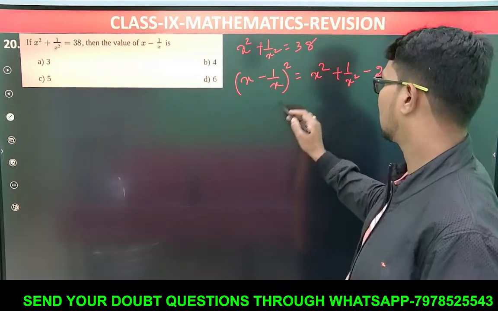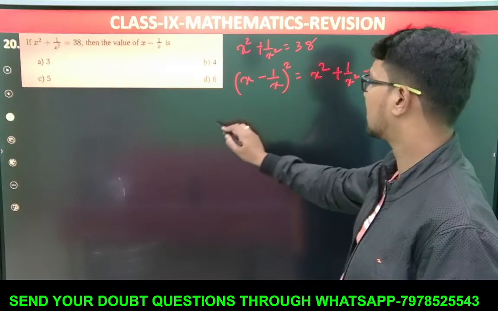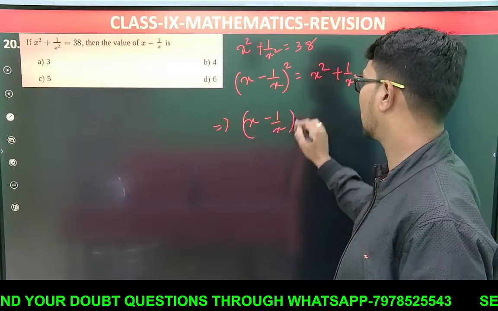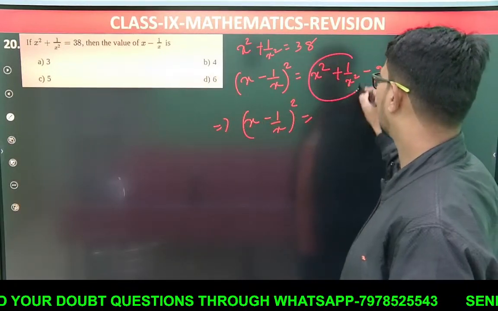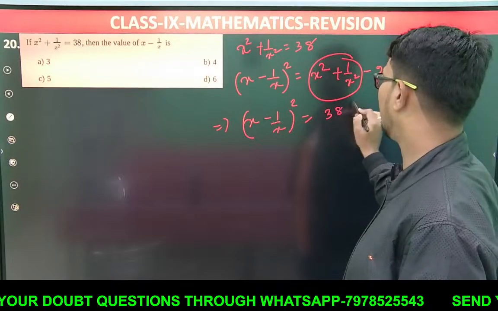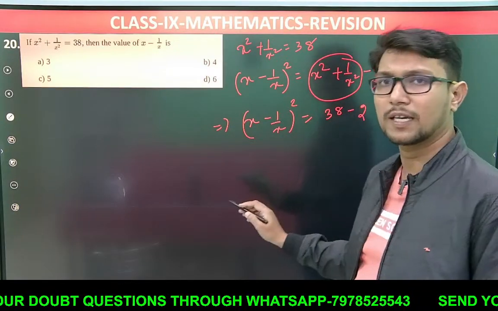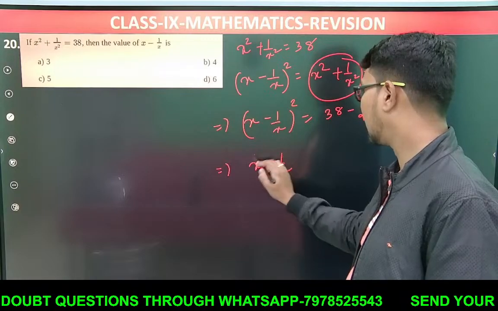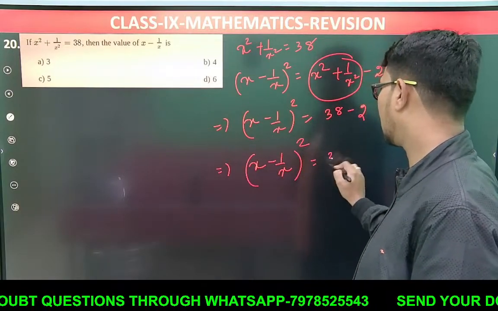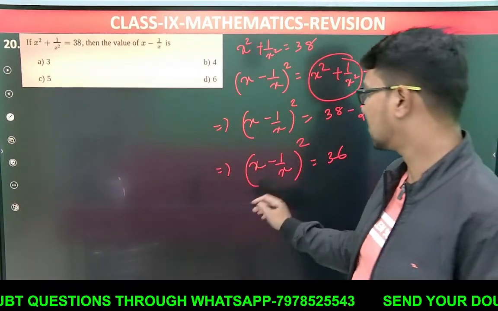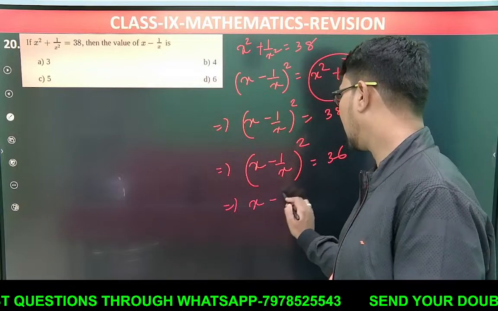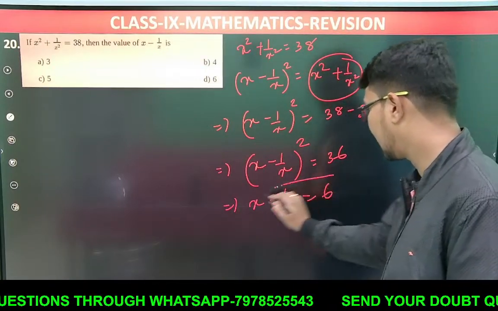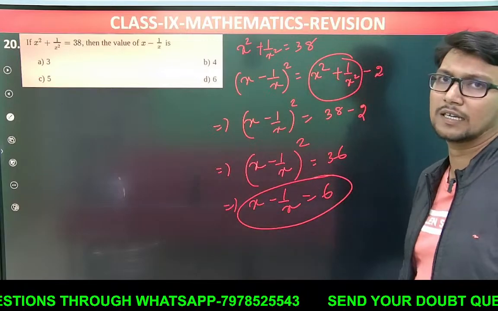The given value is 38 minus 2, which implies x minus 1 by x whole square is 36. So x minus 1 by x is the square root of 36, that is 6. I hope this is clear.